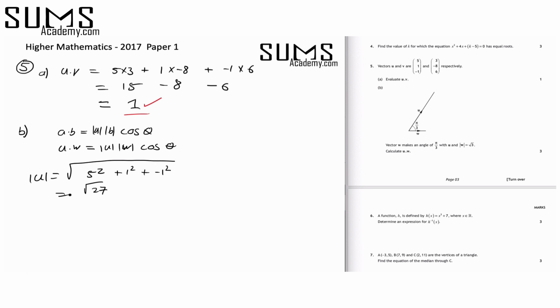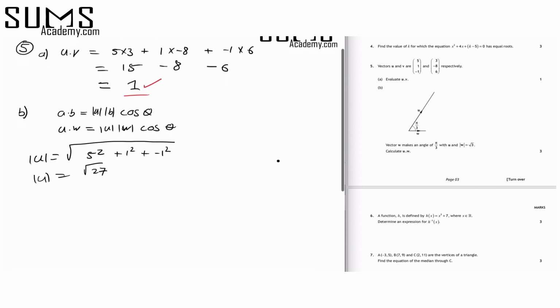Okay, so now we have the magnitude of u, and we want to work out cos theta, which is equal to cos pi over 3. Pi over 3 is equivalent to 180 over 3, which equals 60 degrees.